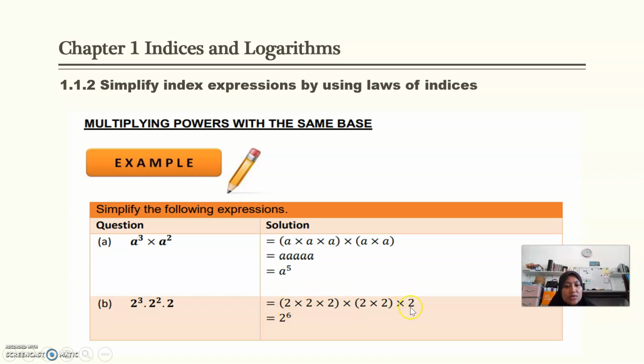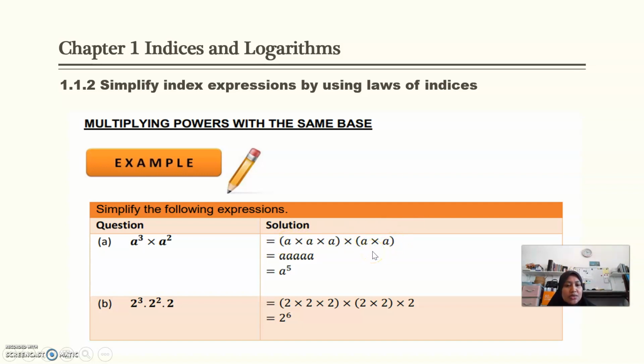For this solution, we must make sure that the base is the same, the same number. Same as in the question for A, the base must be the same variable.